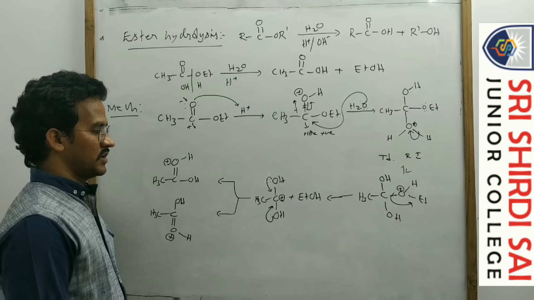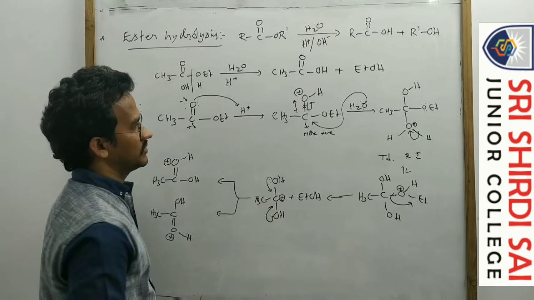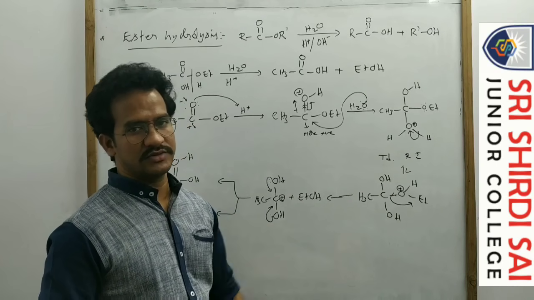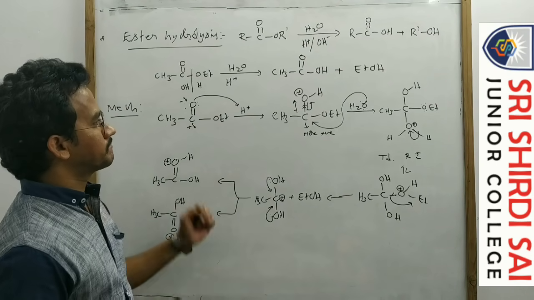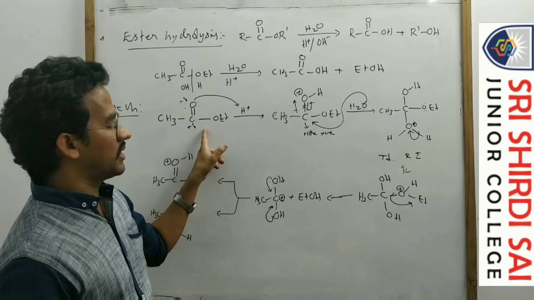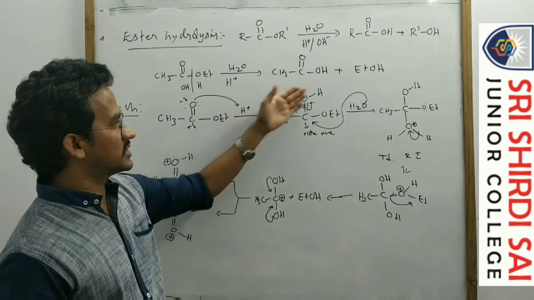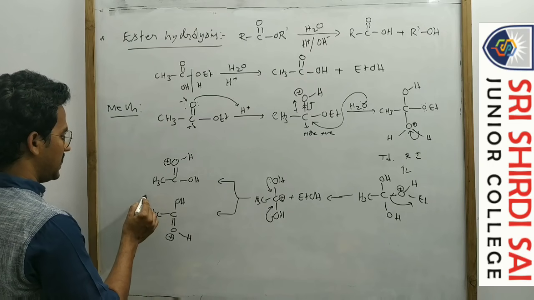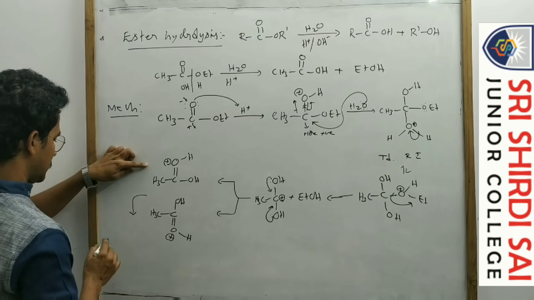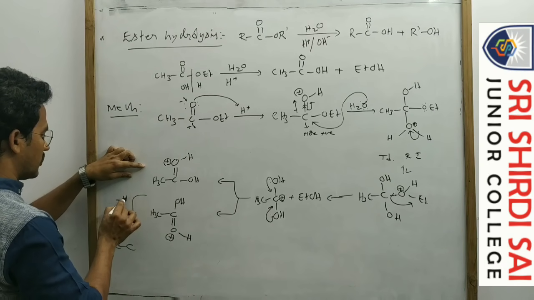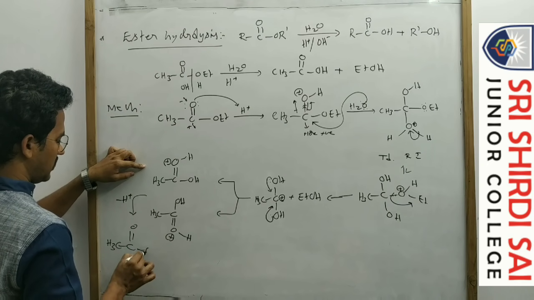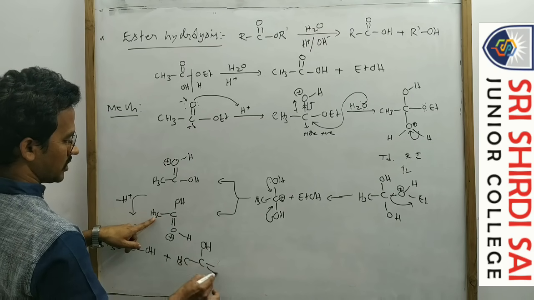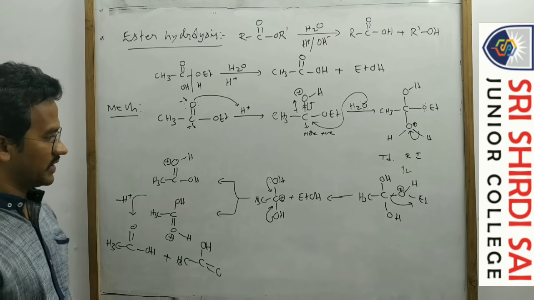This OH is from the water, OH2 plus, by proton transfer. One OH from the carbon, the ester, initially becomes OH by the protonation, and the next OH is from the water. So I will get the acid like this: CH3 C by loss of proton, double bond O, here OH plus, or CH3 C OH double bond. Either one is the same.